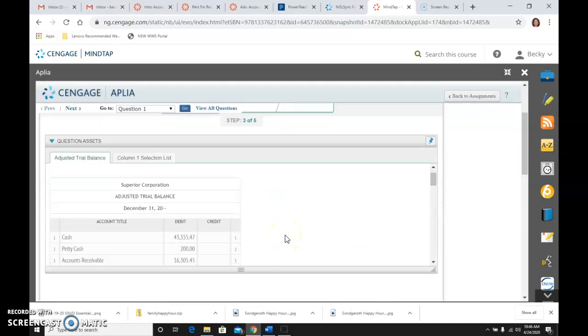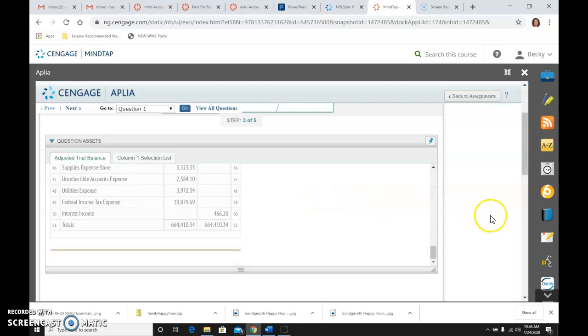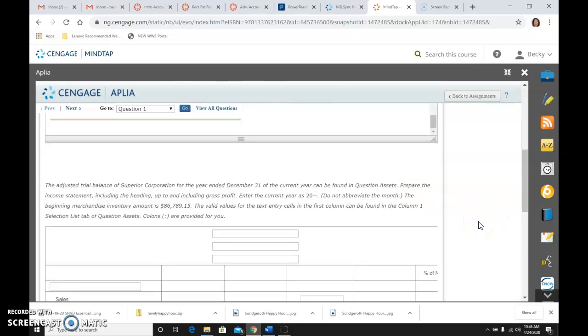Then we need to determine the gross profit, and it gives us an adjusted trial balance here. It wants us to prepare the income statement, including the heading, up to and including gross profit. Enter the current year as 20 dash, don't abbreviate the month, and it gives us the beginning merchandise inventory.